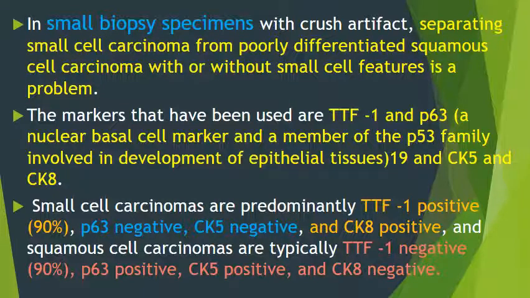In small biopsy specimens, when there is crush artifact, it is really difficult to differentiate small cell carcinoma from poorly differentiated squamous cell carcinoma, with or without small cell or squamous cell carcinoma features. In such a case, the markers used are TTF1 and P63, a nuclear basal cell marker and a member of the P53 family, which is involved in the development of epithelial tissue.